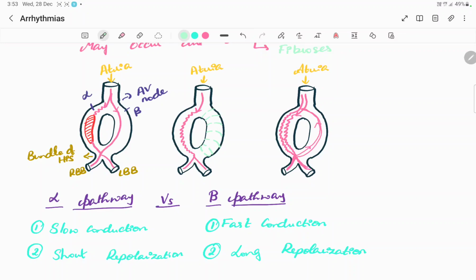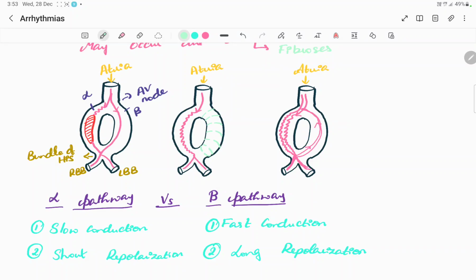So what happens after that, again signals are passed and there's a short conduction here. Repolarization is also short here. So another current can come by the time the repolarization occurs in the beta pathway. Before repolarization of the beta pathway, the alpha pathway has another signal coming.